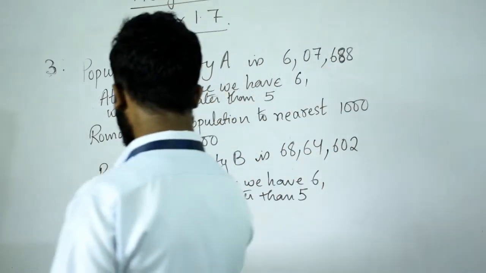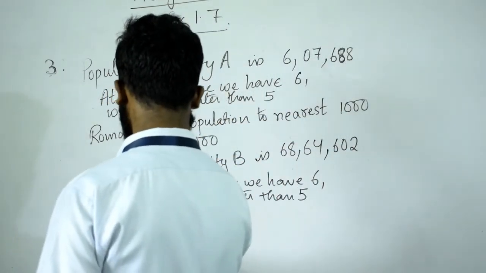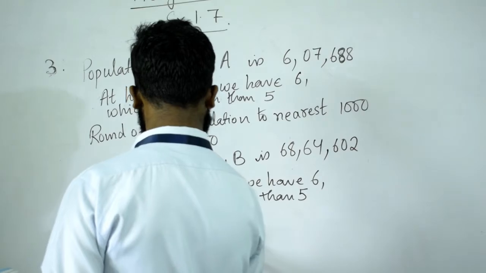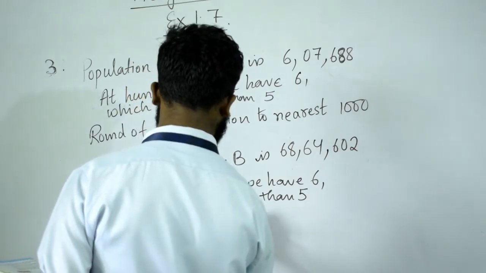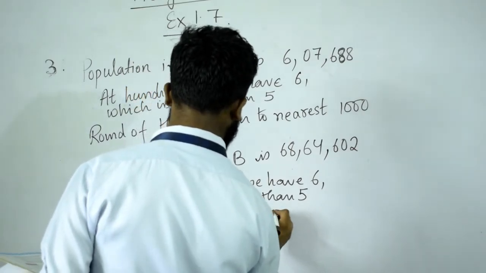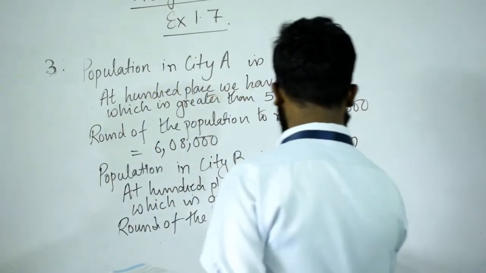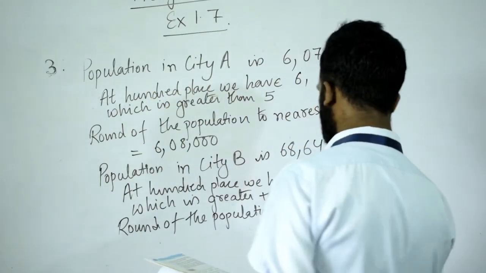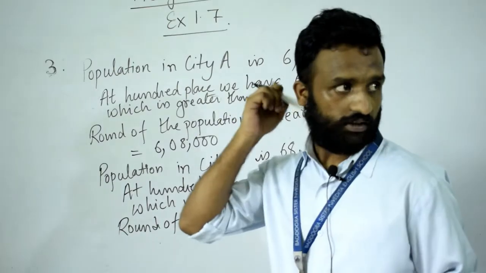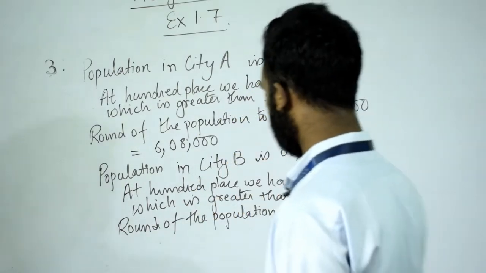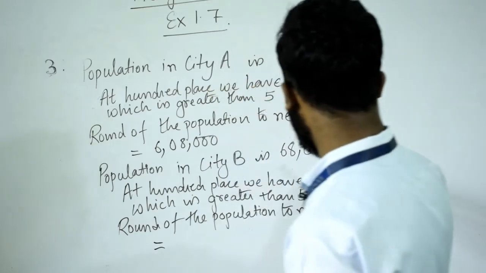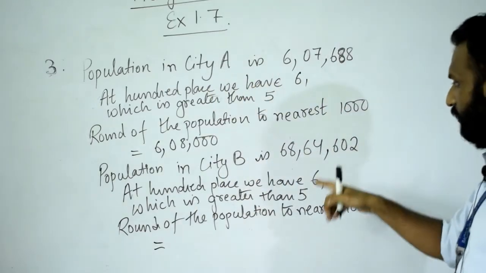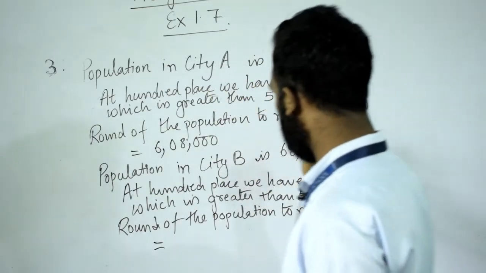So the population rounded to the nearest 1000 will be: we'll write zeros for the 1s, 10s, 100s, and at the 1000 place we'll add 1.